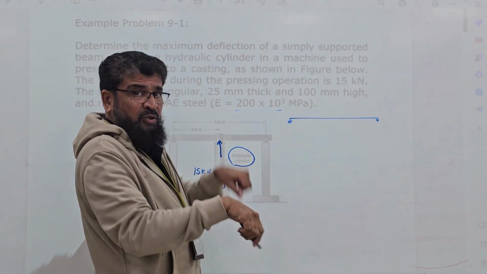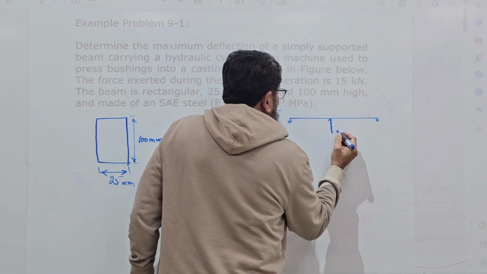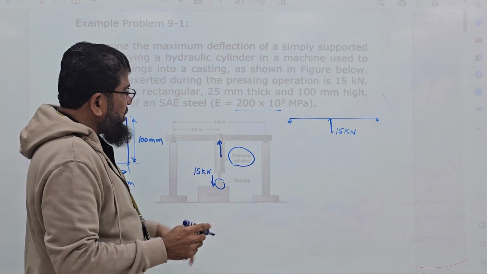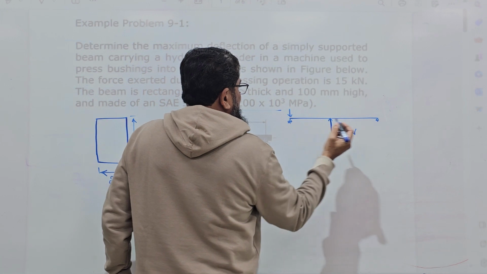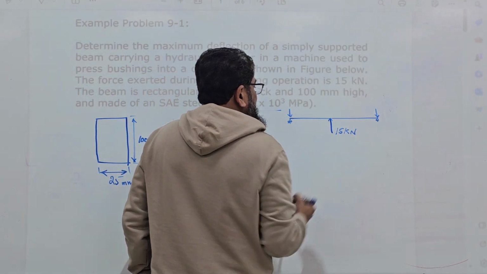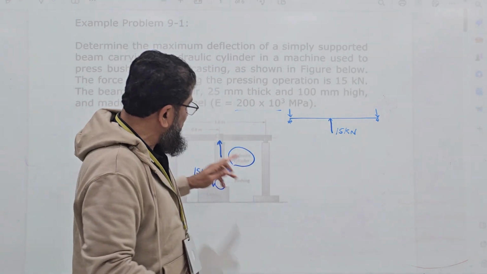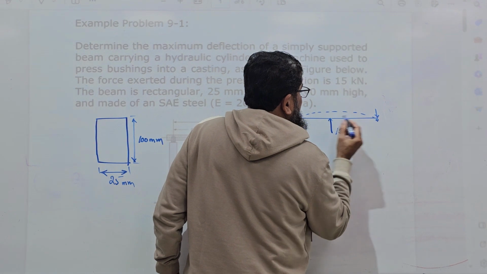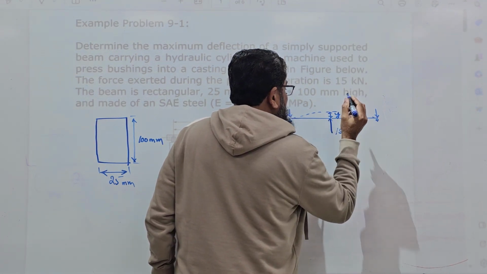That is also exactly 15 kilonewton. You have a support reaction here and a support reaction here, because the beam has to support it. Basically, when this is pushing down, the beam will automatically get bent like this, bending downwards. Here he wants me to find out this value of y.